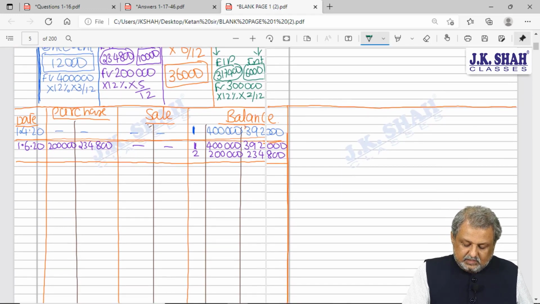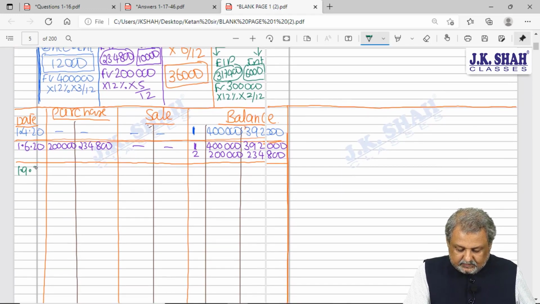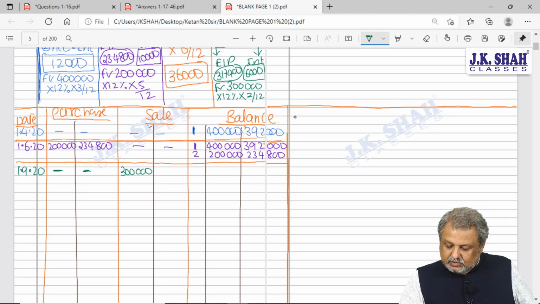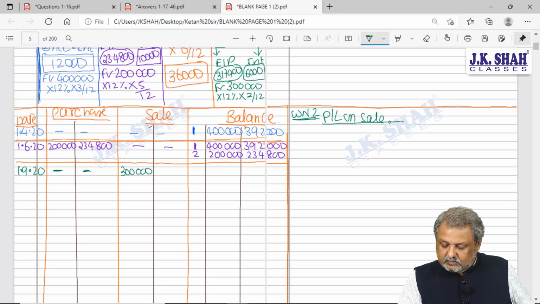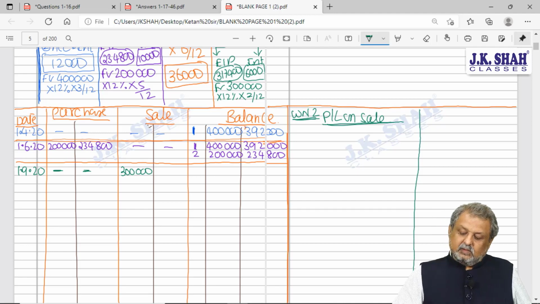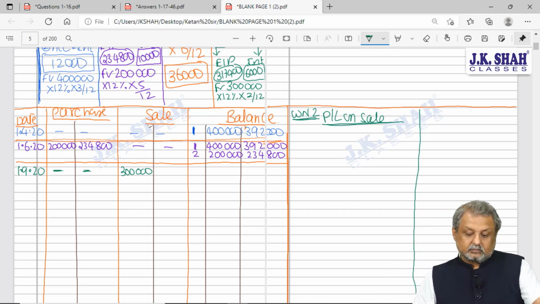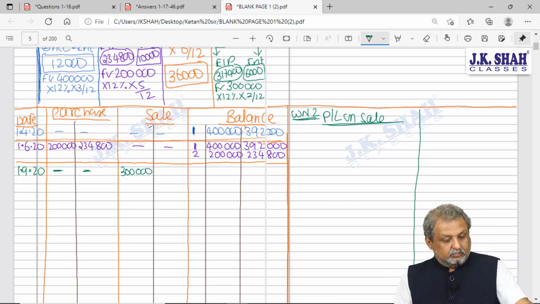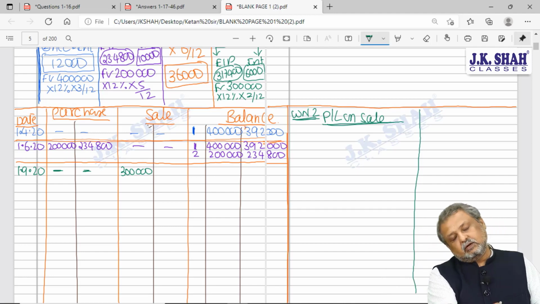Now there is a sale on 1st September. There is a sale of face value 3 lakhs, but what will be the cost? So you will make working note 2. Profit or loss on sale you will calculate.